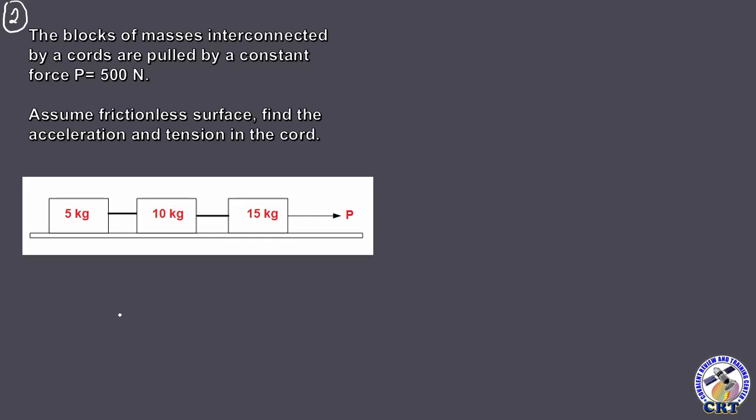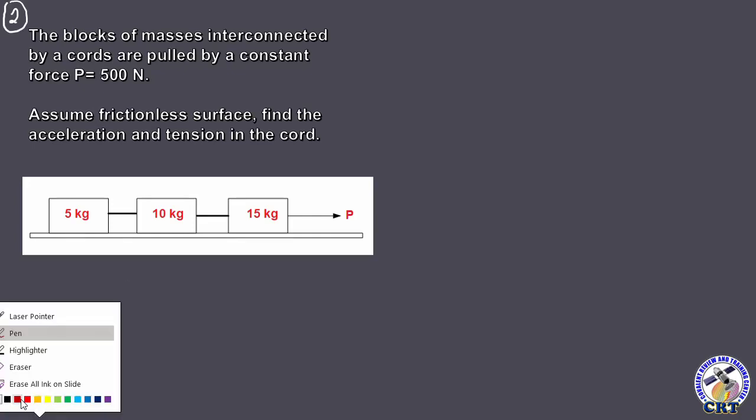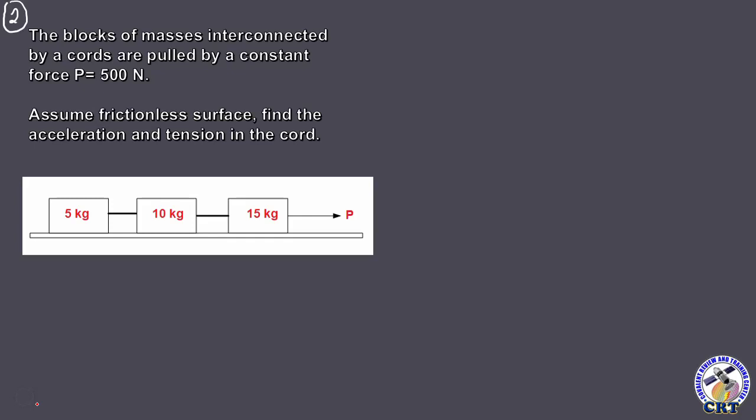So for this setup, let us establish some concepts and parameters here. Again, first take note of the direction of the acceleration. The direction of the acceleration is going in this direction.